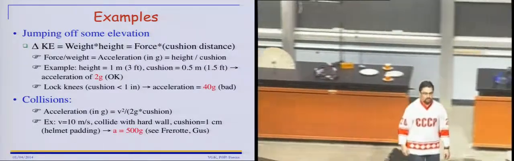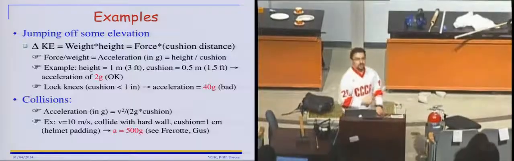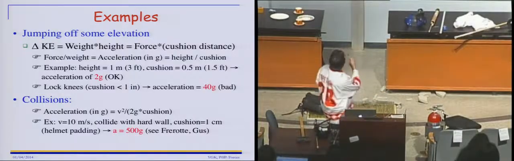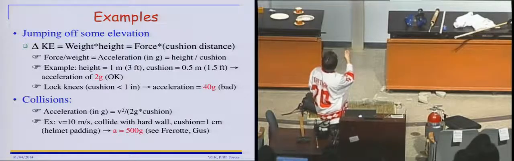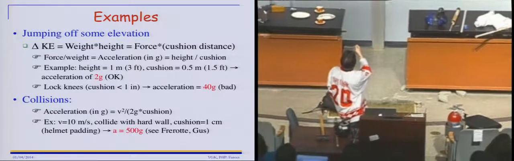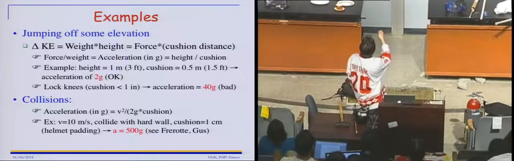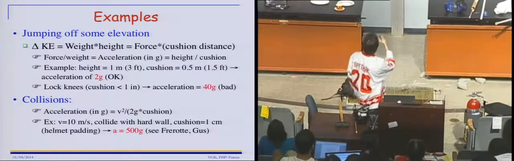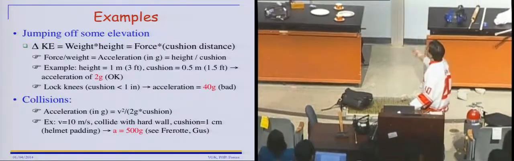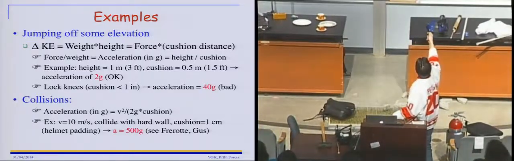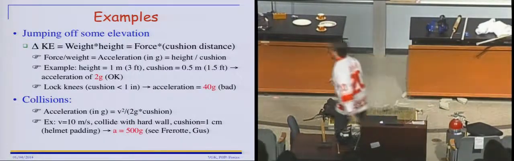So the ratio of your force divided by your weight expressed in kilograms is given by the acceleration. You can compute the change in kinetic energy as the amount of weight times the elevation from which you're jumping off. And that entire kinetic energy has to be eaten up by the force that's breaking your fall.